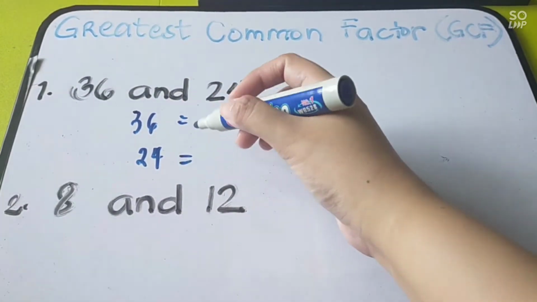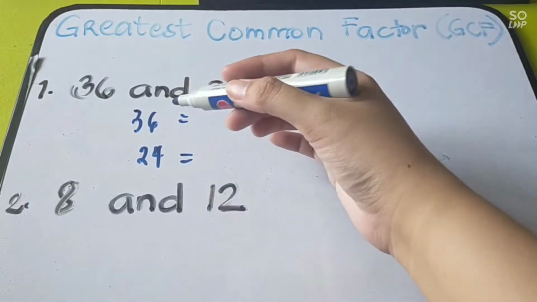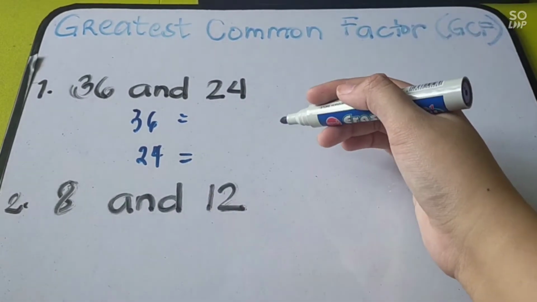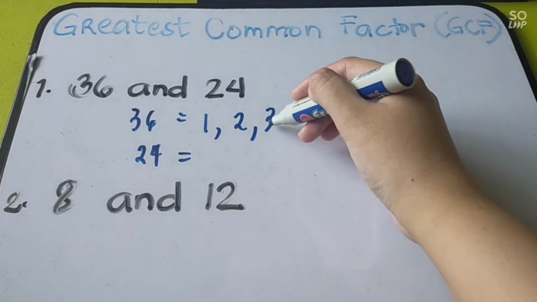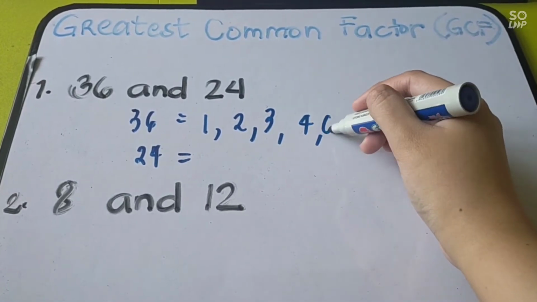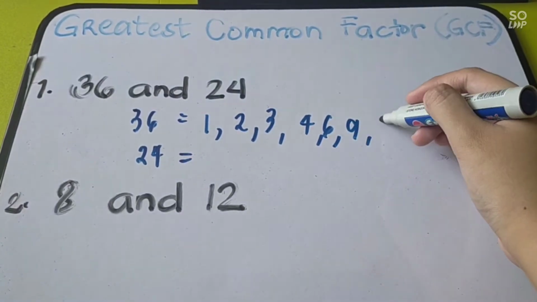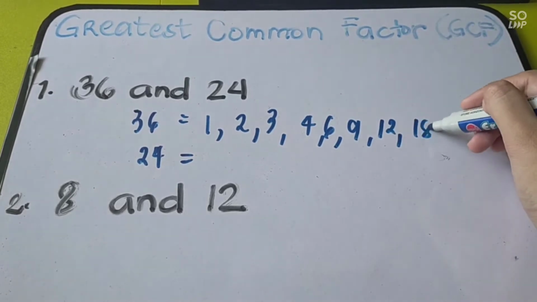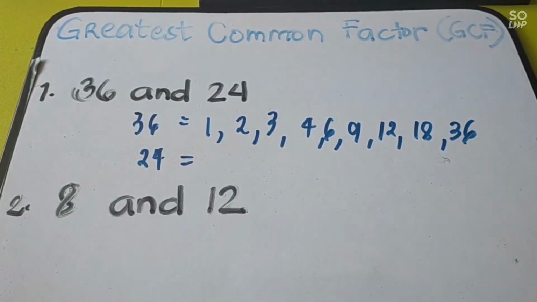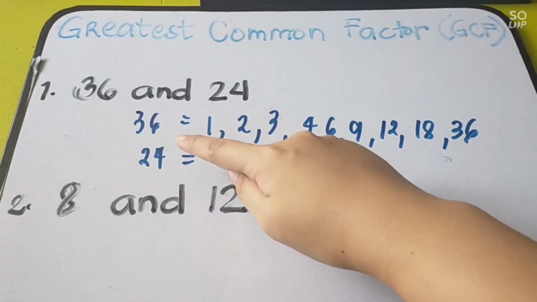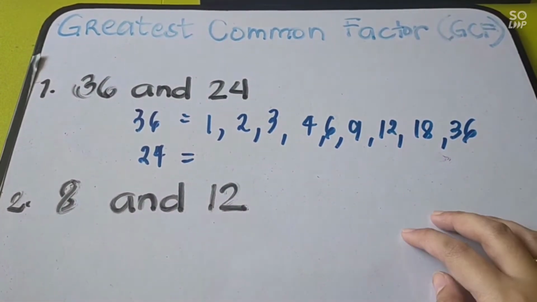Let us list all the numbers that we can divide to 36 without any remainder. So, we have here 1, 2, 3, 4, 6, 9, 12, 18, and 36. So, those are the numbers that you can divide to 36 without any remainder.